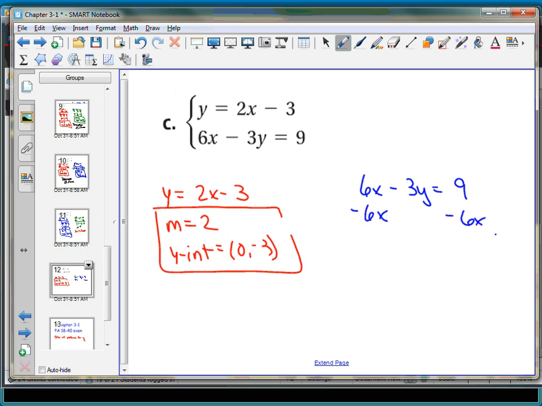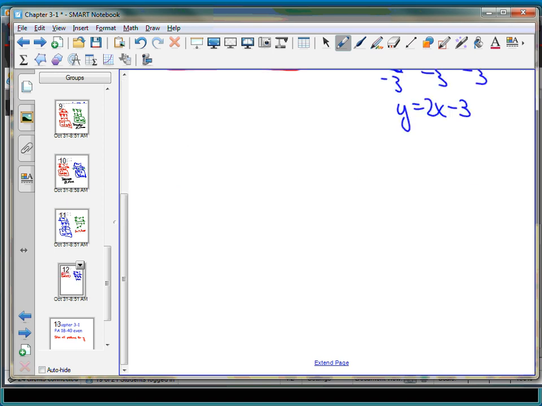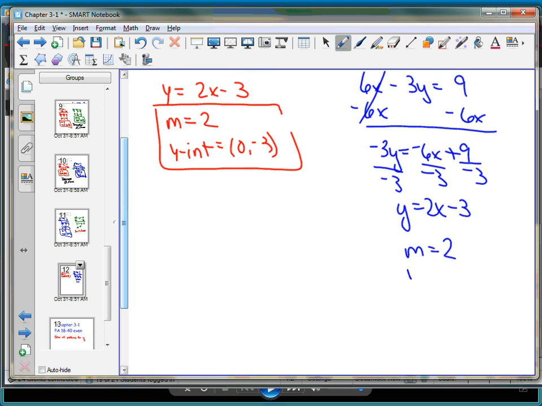Subtract 6x. Negative 3y is equal to negative 6x plus 9. Now what? Divide by negative 3. Y is equal to 2x minus 3. What's my slope? 2. What's my y-intercept? 0, negative 3. Box it in.